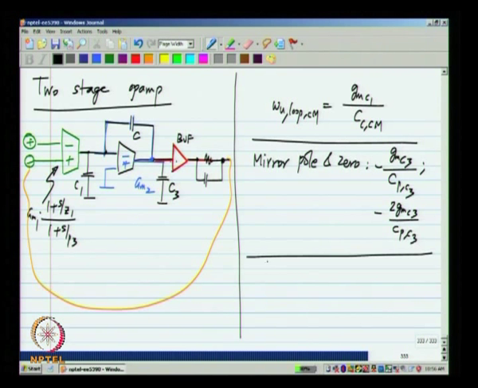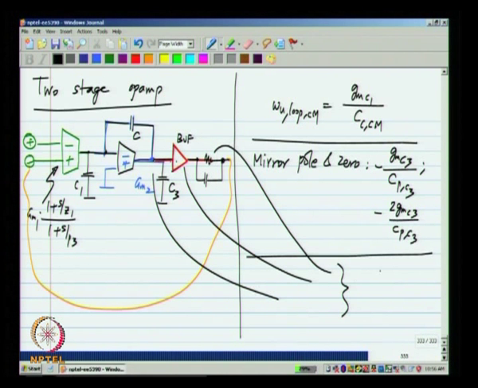In addition to that, we have the second pole due to this GM2 and the load capacitance. Okay. Very crudely, it is GM2 by C3 plus C1, but we know it is not the case. GM2 will be divided by some factor and so on. So, you can work out the calculation, and there are also basically poles associated with this node and poles in the buffer, and also due to this resistive element here. Okay.